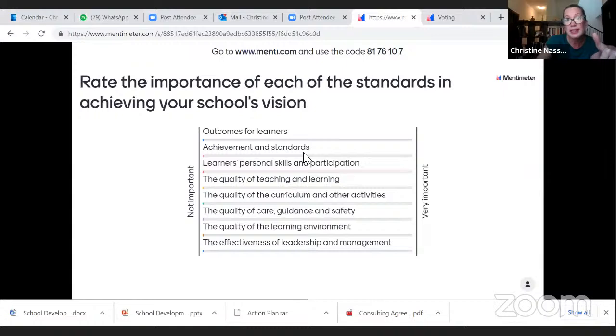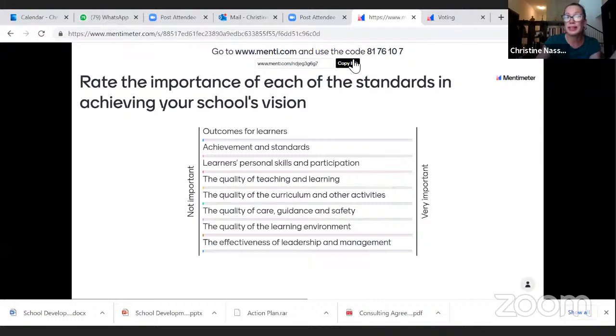Or if your focus is more on academic results, right, getting students into the best universities, and nothing right or wrong with any of these, they're all good, you might be more that the outcomes of learners are a bit higher. So which is the most important of these standards in achieving your school's vision?